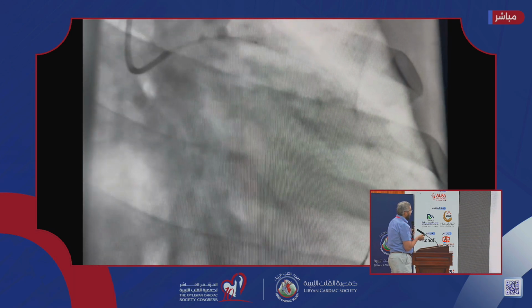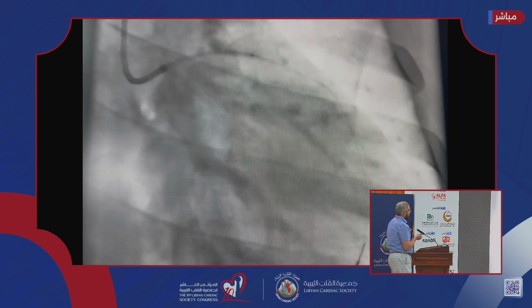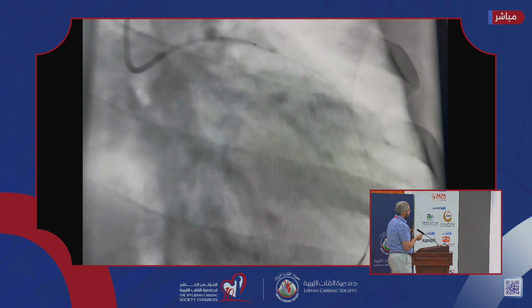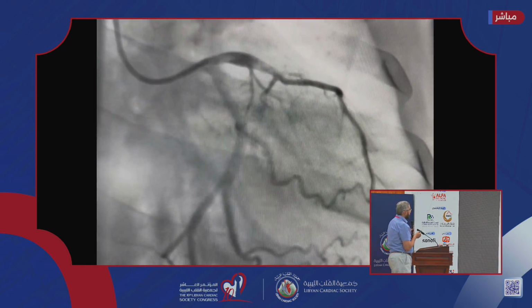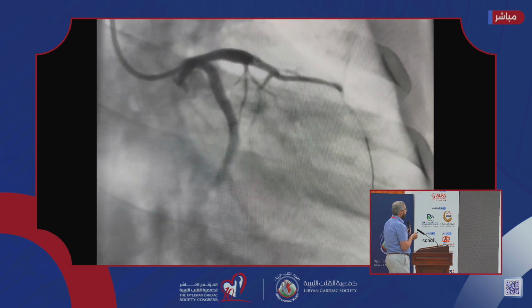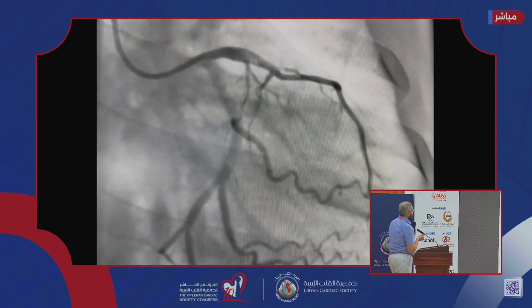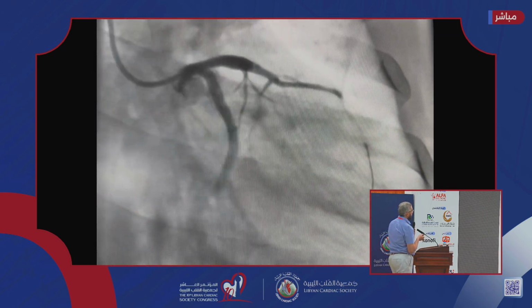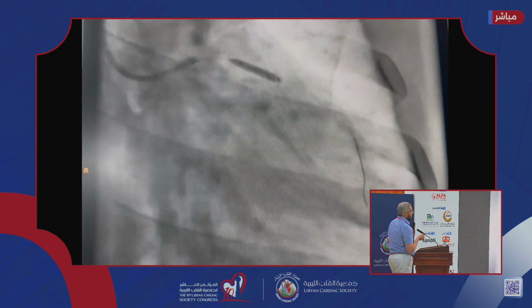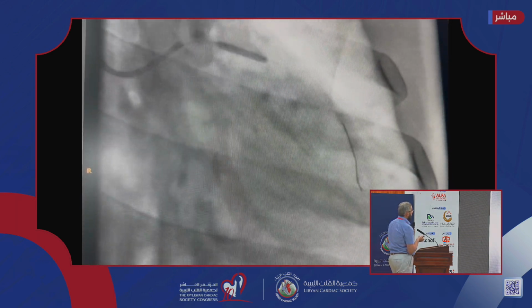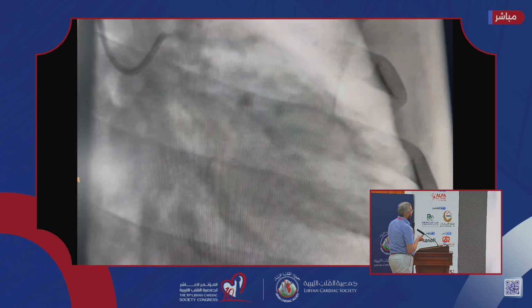So again, manual thrombus aspiration helped here. And after several runs, I thought there may be some haziness still, but the vessel looked ready to do something. So I used the drug-coated balloon here, 3020, inflated for 1 minute.